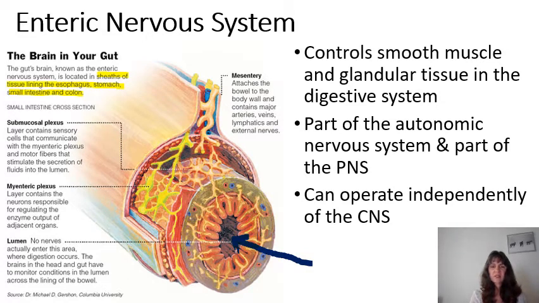This opening is referred to as the lumen. Even though no nerves actually enter that area where digestion occurs, there has to be a way to monitor the conditions in the lumen for these structures to work efficiently.